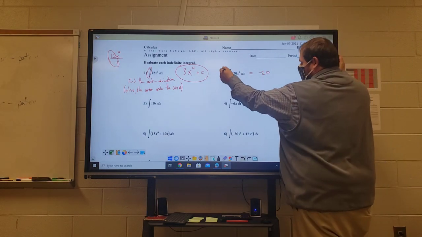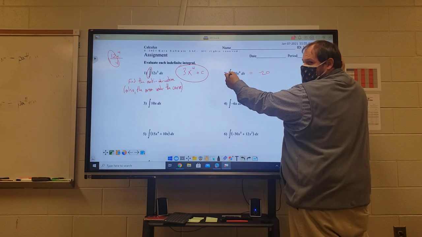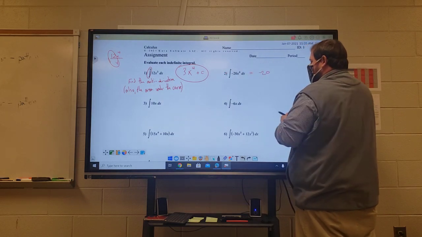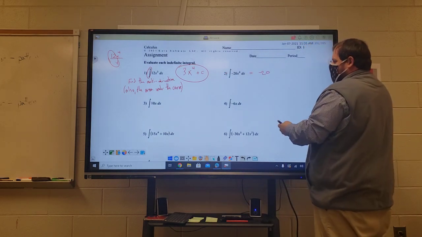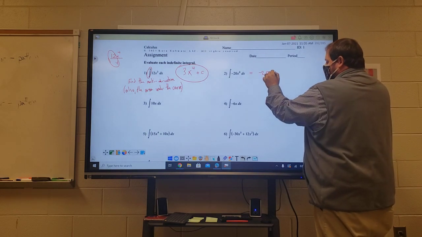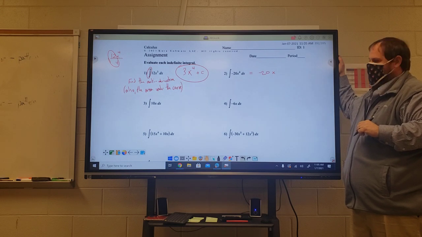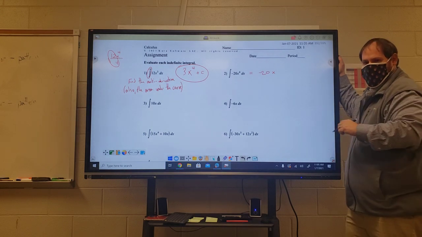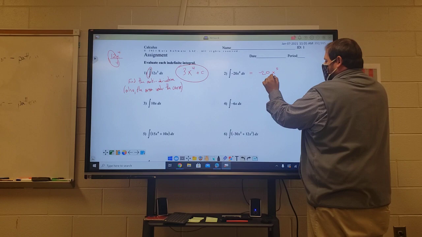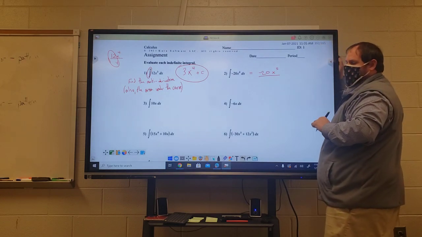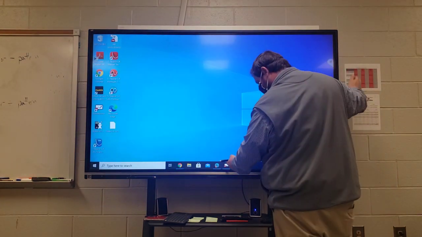Some people like to pull the negative 20 up to the front, but you don't have to. Let's just leave it like it is. It's a scalar multiple. So negative 20 and then x. We have to change the power up by 1, it becomes a 5, and then divide. Up a power, then divide. What do we divide by?